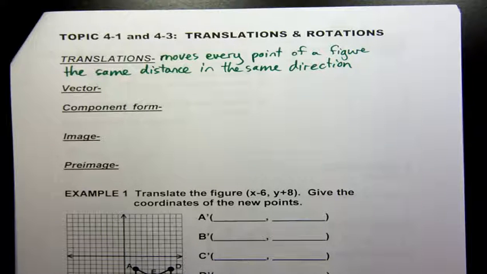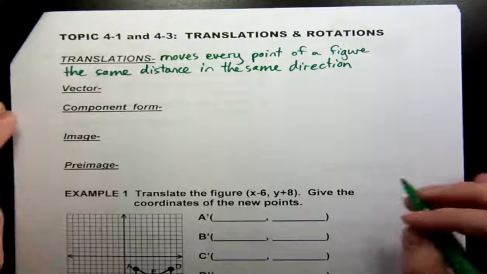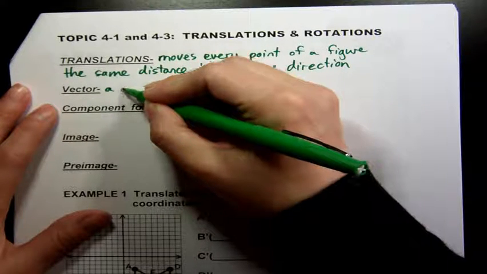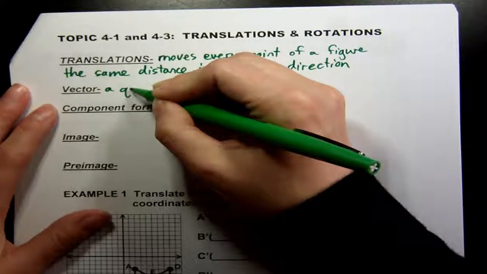Do you guys know the word vector? So vector is just, my definition here is it has a quantity that has both size and direction.